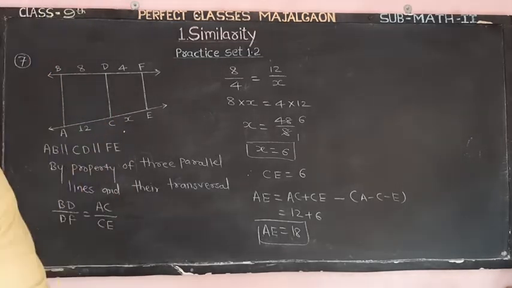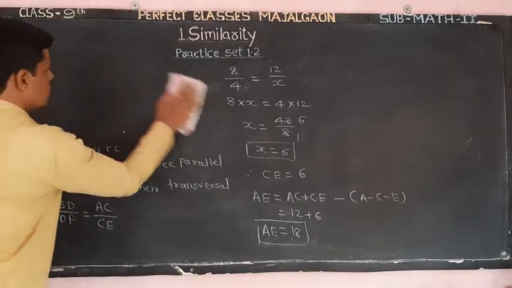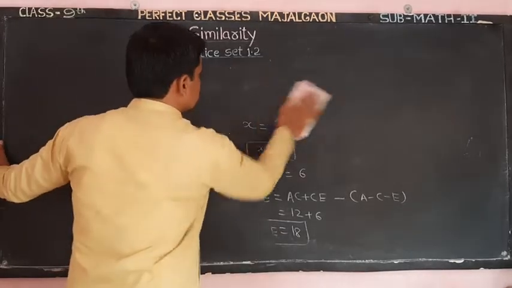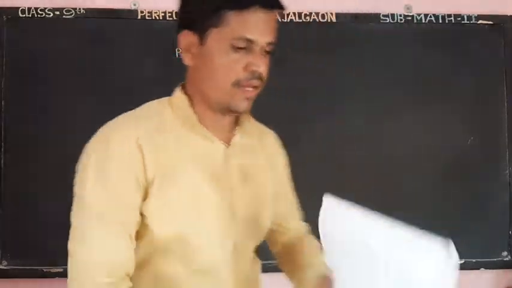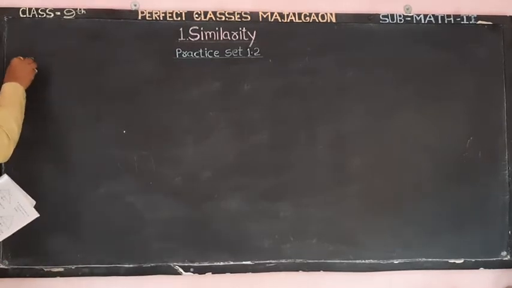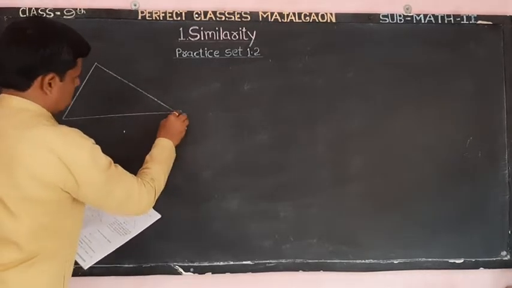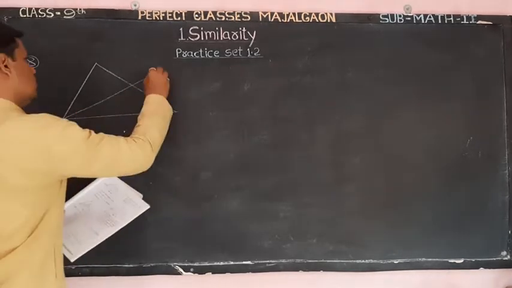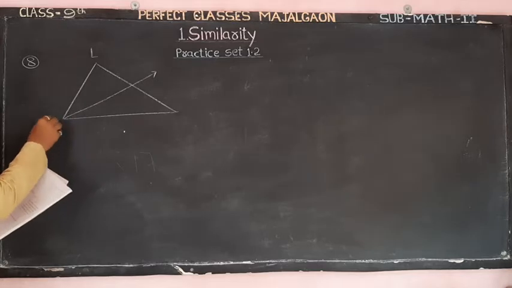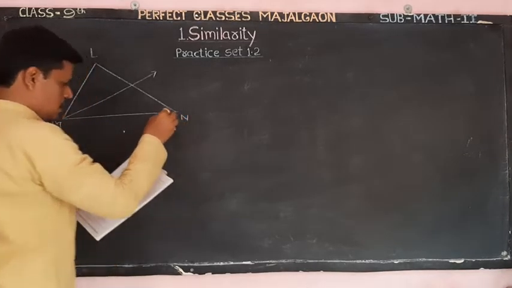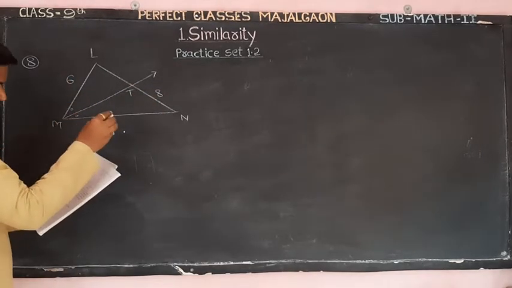Now we see question number 8. First I construct or draw the figure. Triangle LMN, with T on the side, and the lengths 8, 6 and 10.